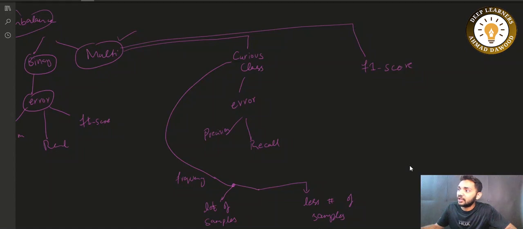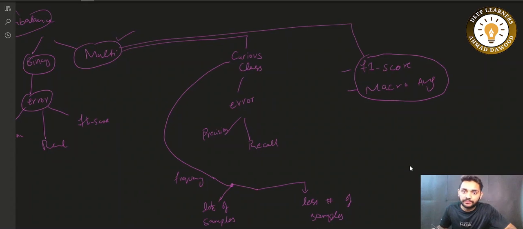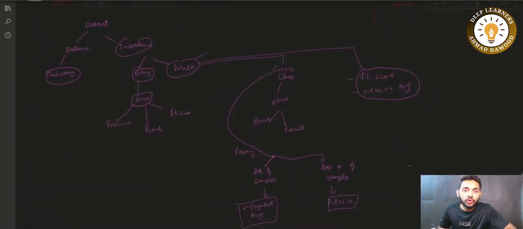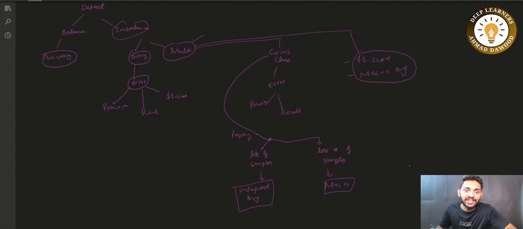Because all classes are equally important for you, use macro average for that part. So you can use macro average F1 score if all the classes are of equal importance in multi-class classification. Okay, so I hope you got an idea about this section of performance measures in the multi-class case.